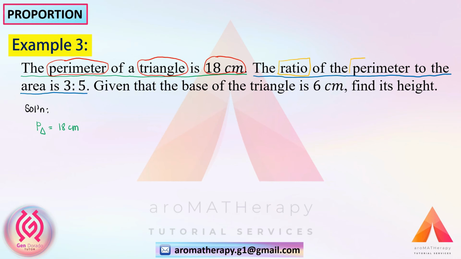Okay, let's box the important details. Ratio of the perimeter to area is 3:5. So we write, P is to A is equal to 3 is to 5. The perimeter is given, it is equal to 18 centimeters. How about the area? Area is not given, so we need to recall or to solve the area of the triangle. The formula for the area of the triangle is A equal to 1/2 times base times height.